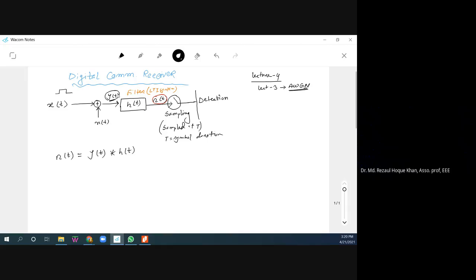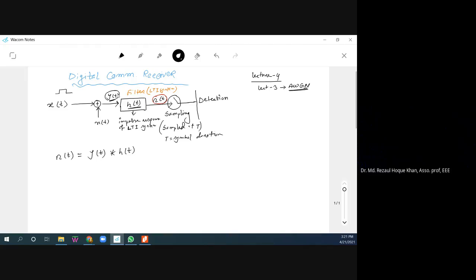What is this h(t)? h(t) is the impulse response of the linear time invariant system, or the response of the filter.